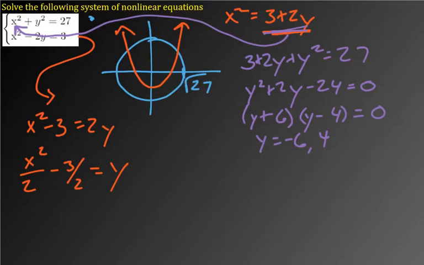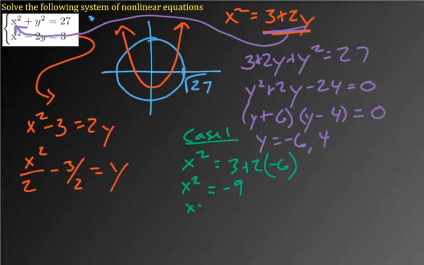So we can go back up here and plug in what we know. So x squared equals 3 plus 2 times, let's do the negative 6, case 1. So x squared equals negative 9.